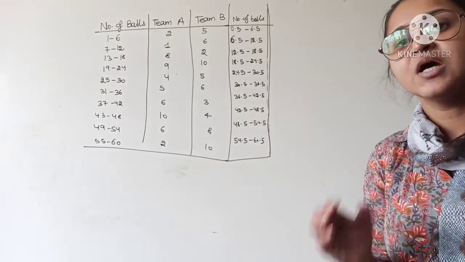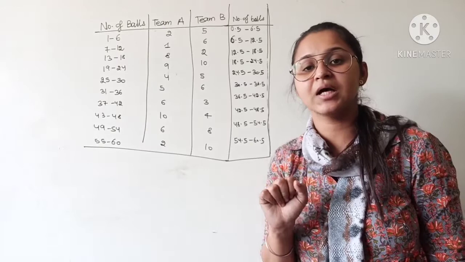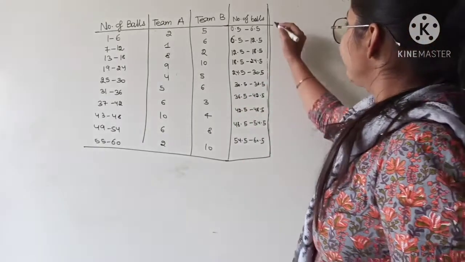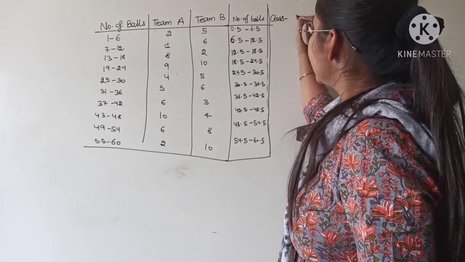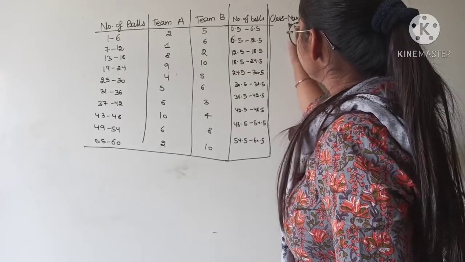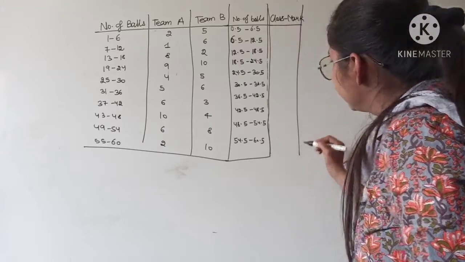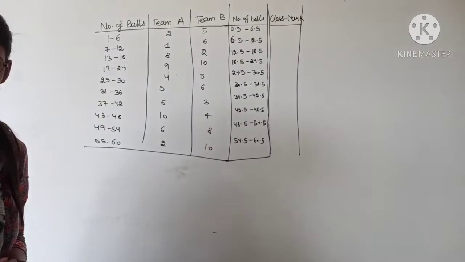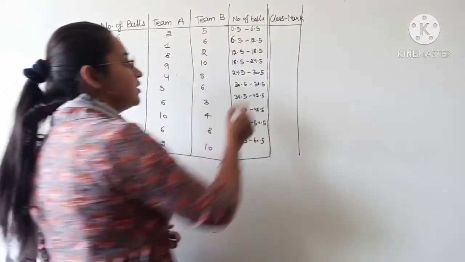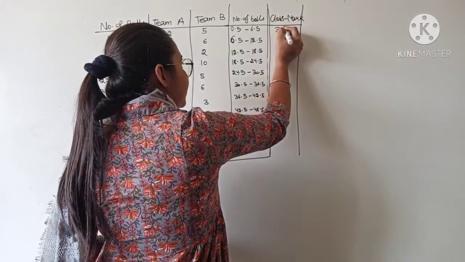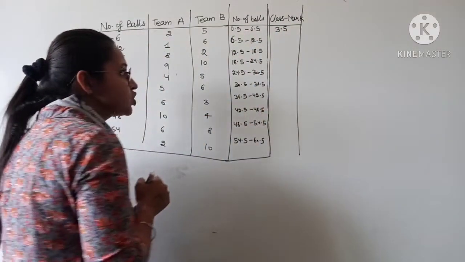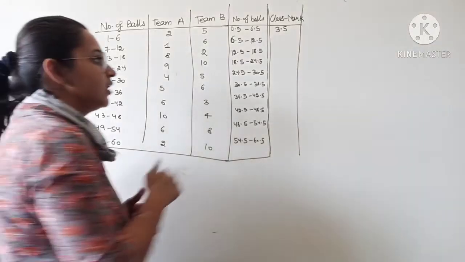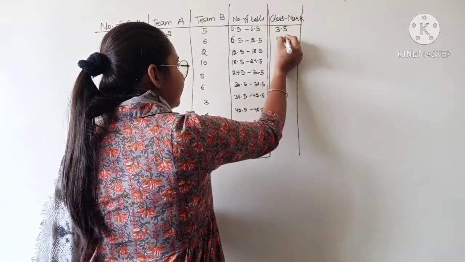Now next step is we find class mark, and class mark is upper limit plus lower limit, divided by 2. So I am writing here the new column of class mark. For the first interval, class mark is 0.5 plus 6.5, that will give you 7, and 7 upon 2 is 3.5. Next is 6.5 plus 12.5, that will give you 19, and 19 divided by 2 is 9.5.